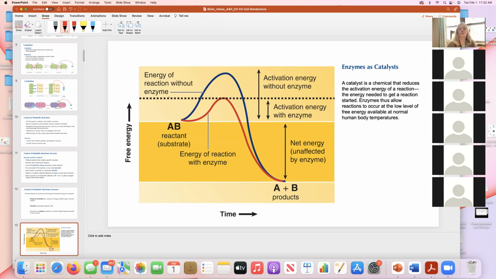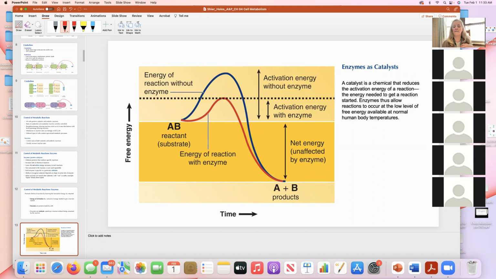Now, an enzyme can somehow hold that reactant such that it takes a lot less energy. This hump that this AB has to get over so that it can become A plus B is a lot lower, a lot reduced, okay?